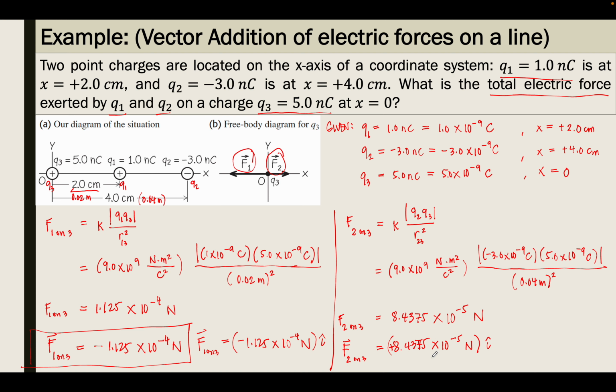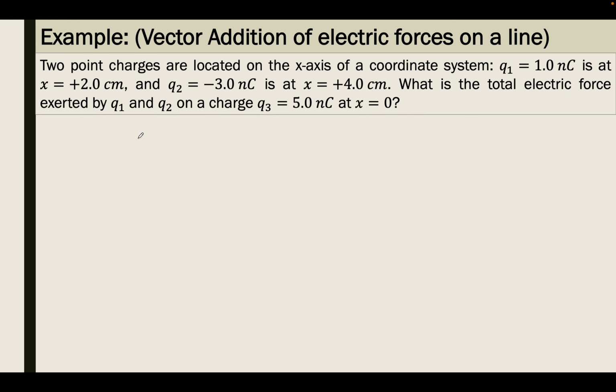So that is not yet our final answer, because we need the total electric force. The total electric force, a vector force, on Q3 is the force that Q1 exerts on Q3 plus the vector force that Q2 exerts on Q3.